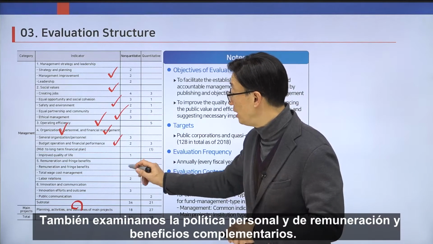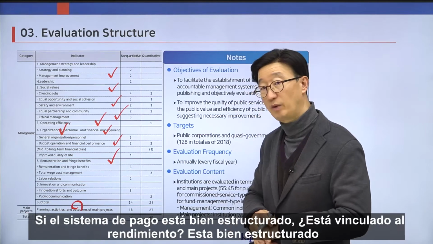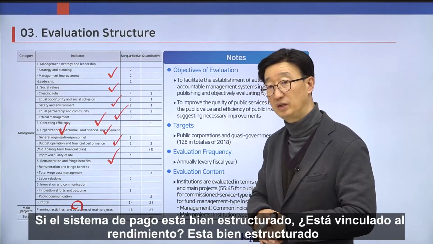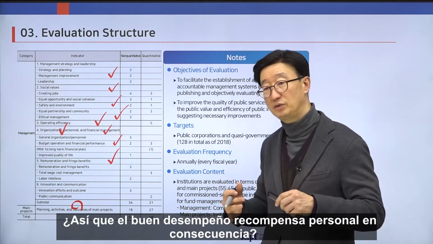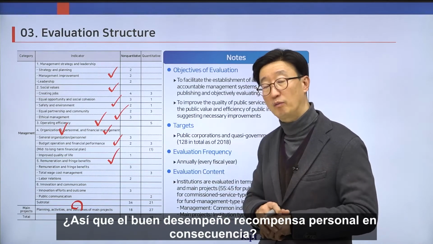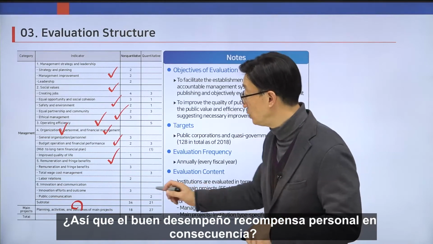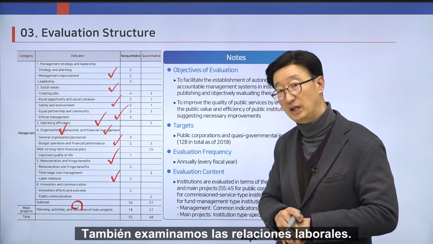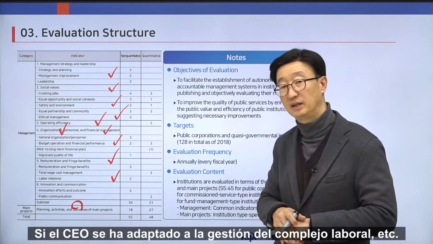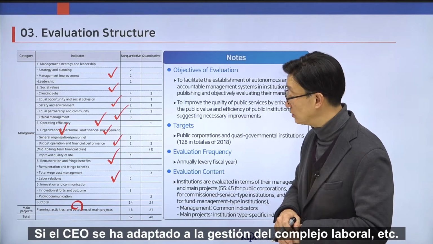We also examine personnel, remuneration and fringe benefit policy: whether the pay system is well structured, whether it is performance-linked, and whether well-performing personnel are rewarded accordingly. We also examine labor relations, whether the CEO has been adept at managing labor conflicts and so on.